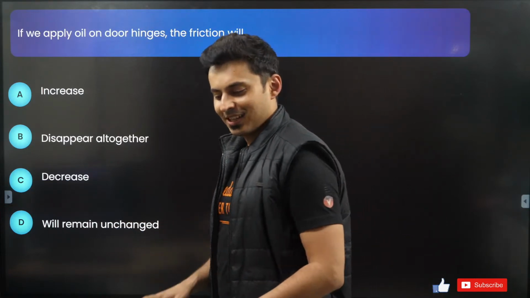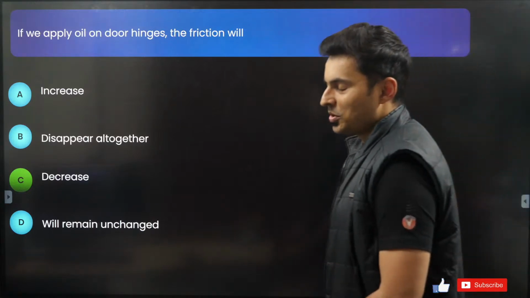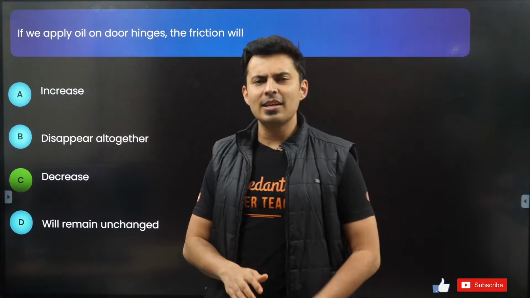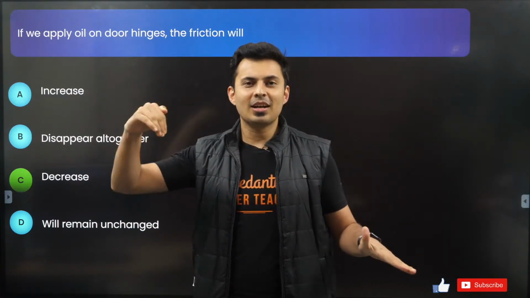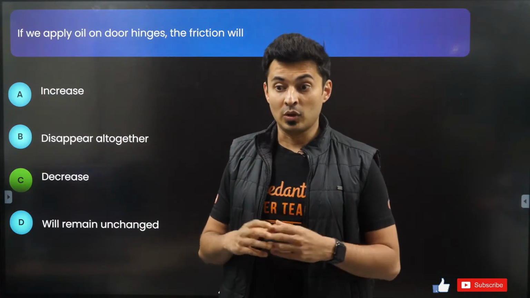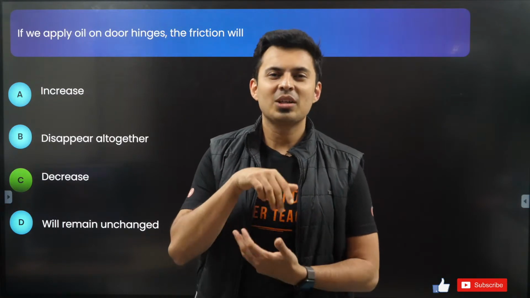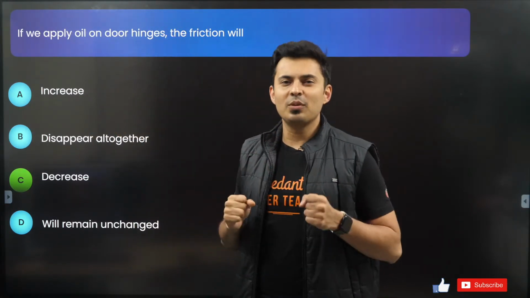Okay, option C, that's true. That's the correct answer, guys. Option C. See, the reason why you can slide very easily on an icy surface is because the surface is very smooth. There are no irregularities. But on grass, ground, irregular surface, you'll get stuck. So that's why it is very difficult. When you apply oil, the friction reduces.